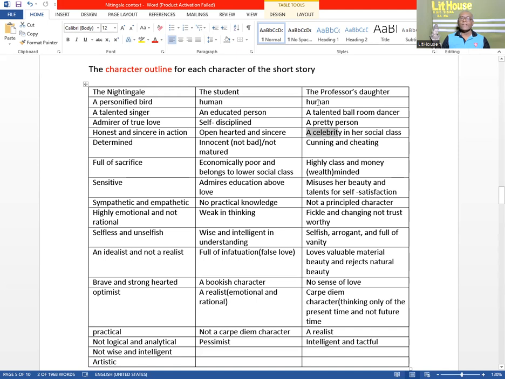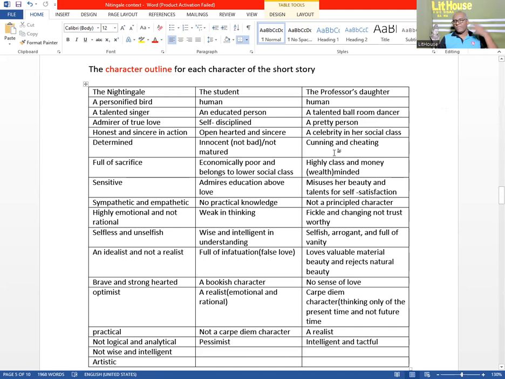But now these are some good qualities of this professor's daughter. Actually, we must admire them. She's a talented dancer, pretty, most attractive person, and she has dancing skills. Very nice.